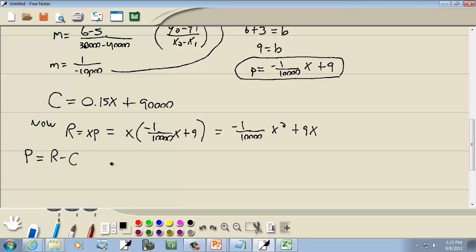P is equal to R minus C. So R, we just said, was this. So we got negative 1 over 10,000 x squared plus 9x minus C, which up here was 0.15x plus 90,000.